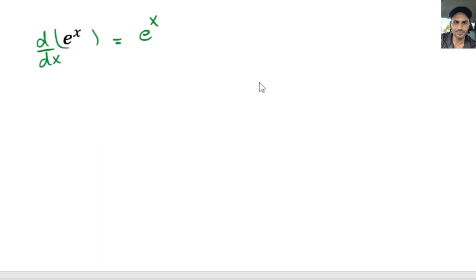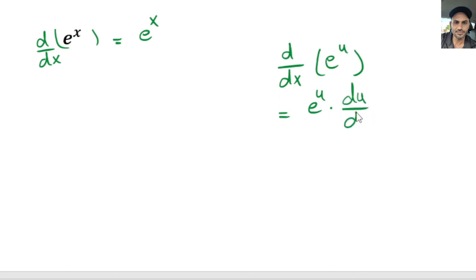Since we're going to be using functions other than x, there is a chain rule that we use. If we're taking the derivative d over dx of e to the u, where u is a function of x instead of just x, then the derivative of e to the u is just e to the u times the derivative of this function u, which is du over dx.